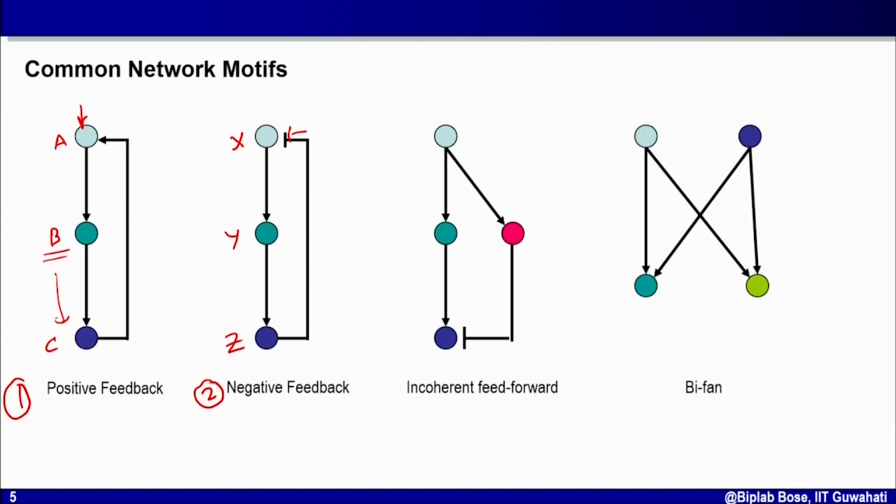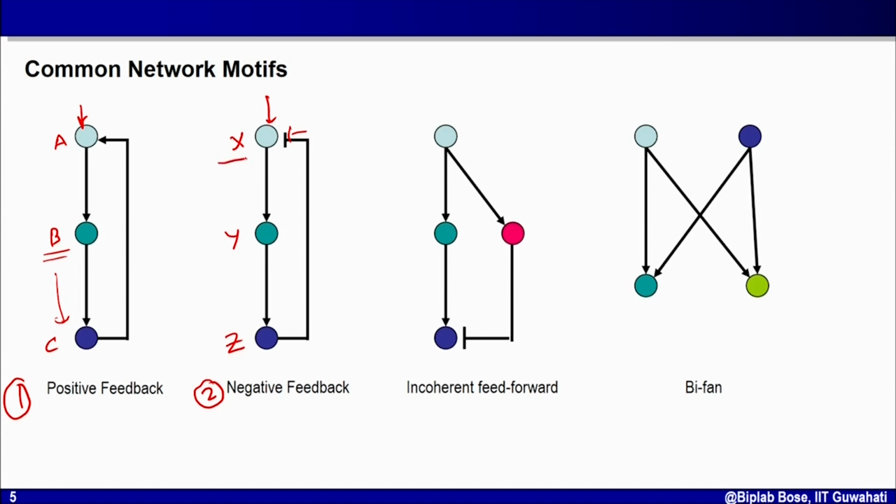Now not just in transcriptional circuits, negative feedbacks are very common in metabolic circuits. They are very common in cell signaling. In a cell signaling network, it can be like this: suppose the external signal comes to X, X gets activated and becomes an active kinase.